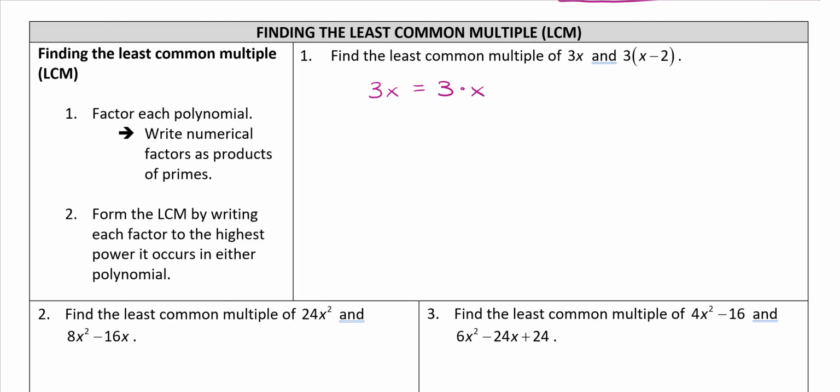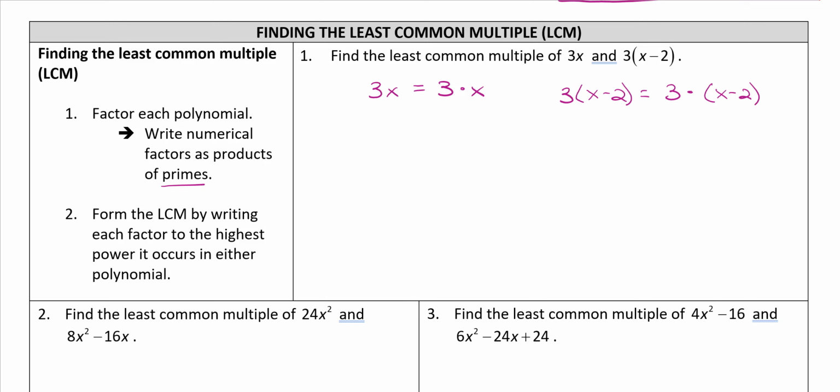Then we're going to take a look at 3 times x minus 2. So 3 times x minus 2 is simply 3 times x minus 2. Those are completely factored, just like in step 1. So that was our first step, factor them completely into prime numbers. So 3 is already prime, 3 is already prime.